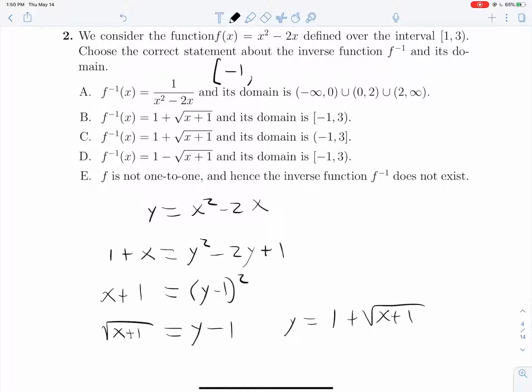And plugging in 3, we get 3 squared minus 6, which just gives us 3, and that is exclusive. We are excluding that 3 from our interval because 3 itself is not even in our domain. So there's the domain of our inverse, which is equal to the range of our original function. That gives us answer choice B for number 2.